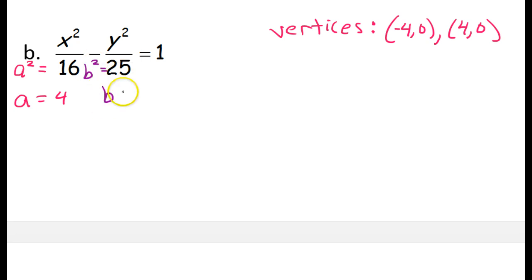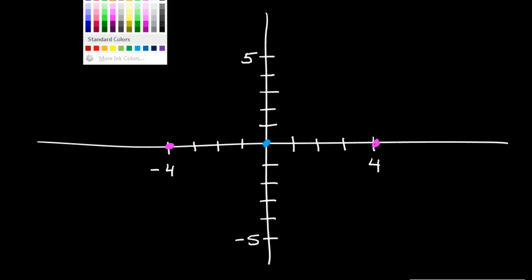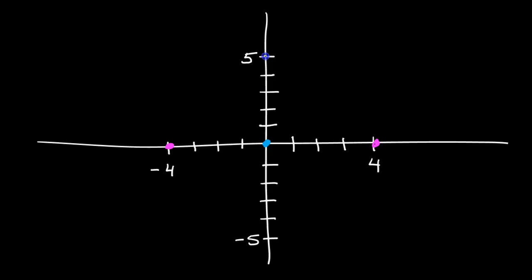So that we know that b is going to be 5. Notice that the 25 is with the y term. So when I do my plus or minus 5, I will do that in the y direction. Okay, so this is a co-vertex and this is a co-vertex.